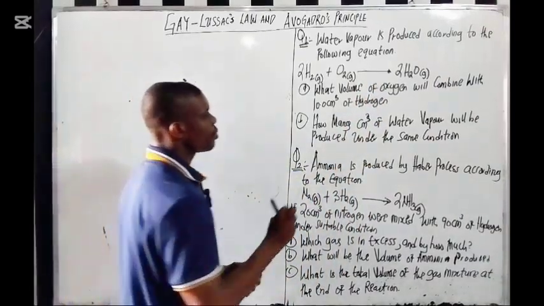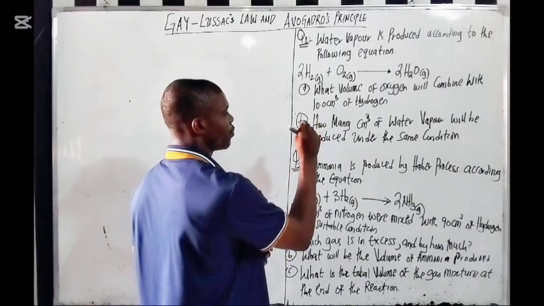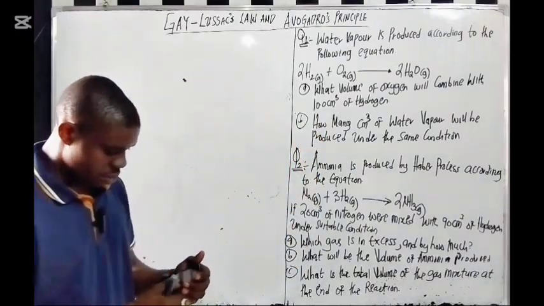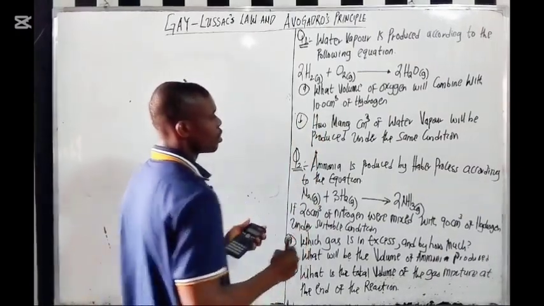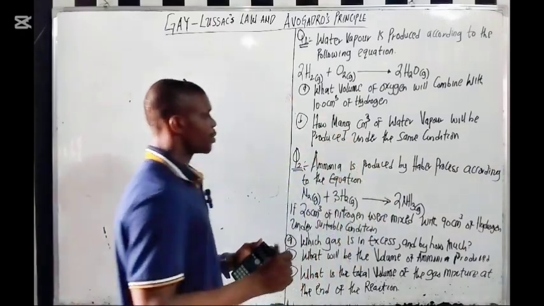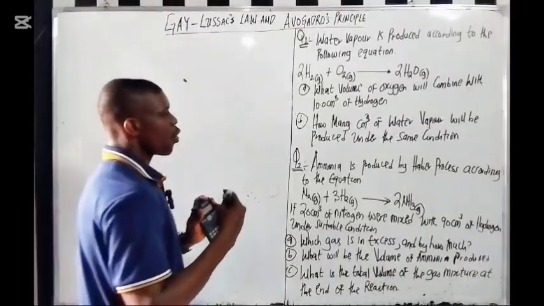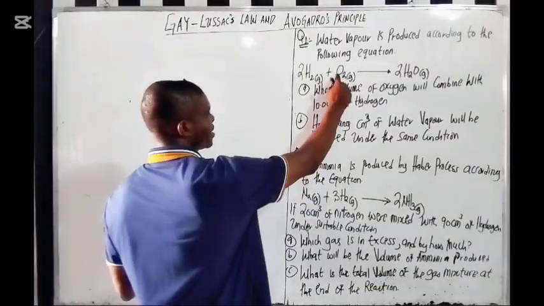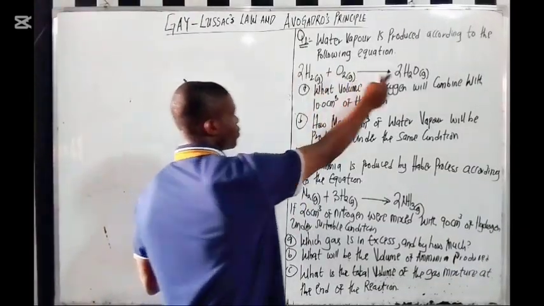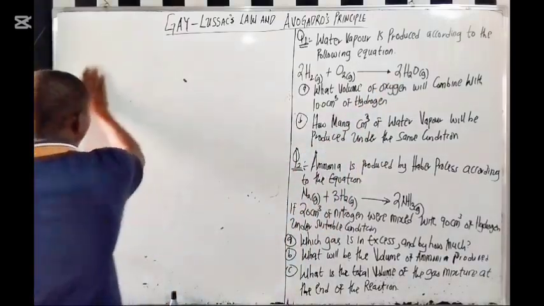What volume of oxygen will combine with 10.0 cm³ of hydrogen? Look at something here. Then I ask, what volume of oxygen will combine with this one here to produce this one here? It's very easy, right? So let's write our balanced chemical equation out.